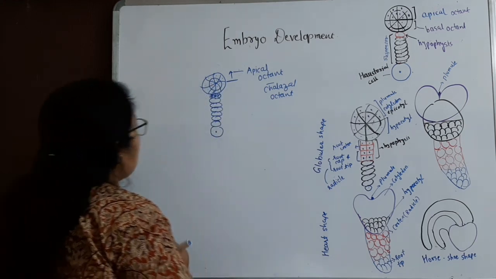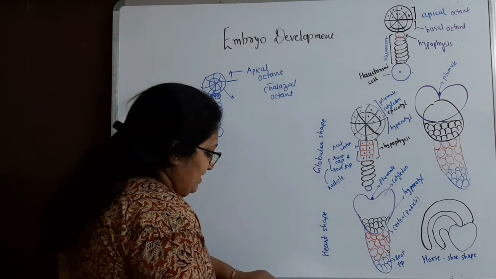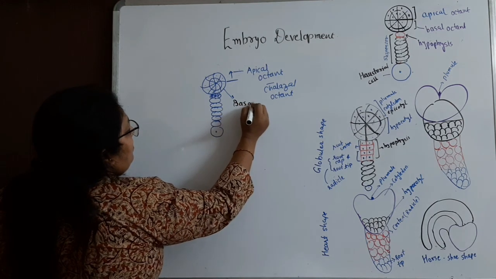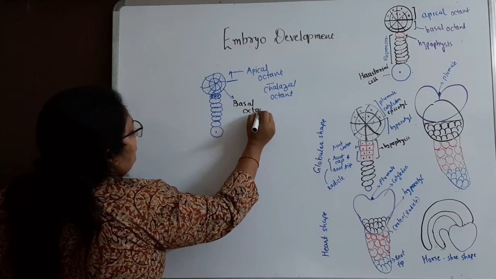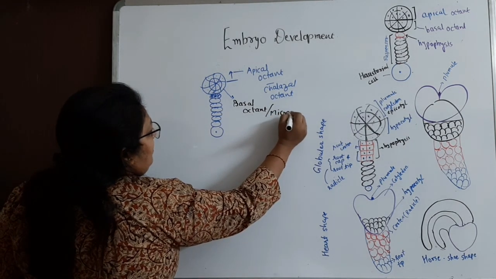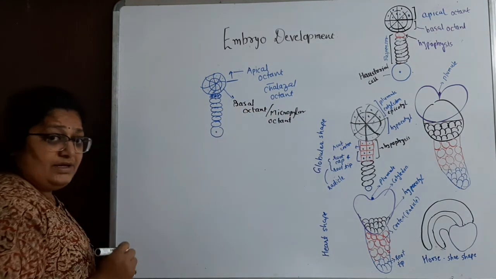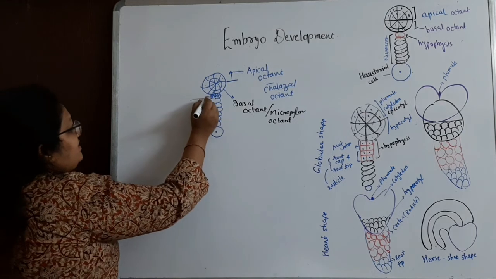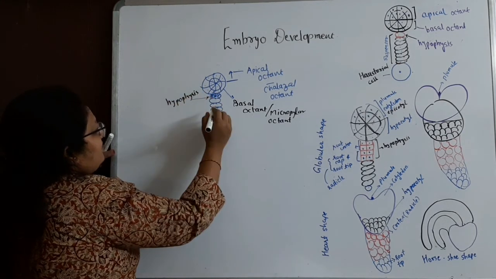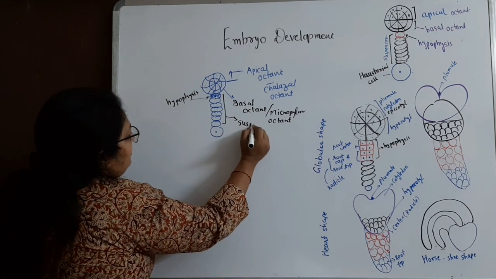The lower one is known as the basal octant, or it is known as the micropylar octant. Clear? This is the hypophysis and this one is the suspensor.